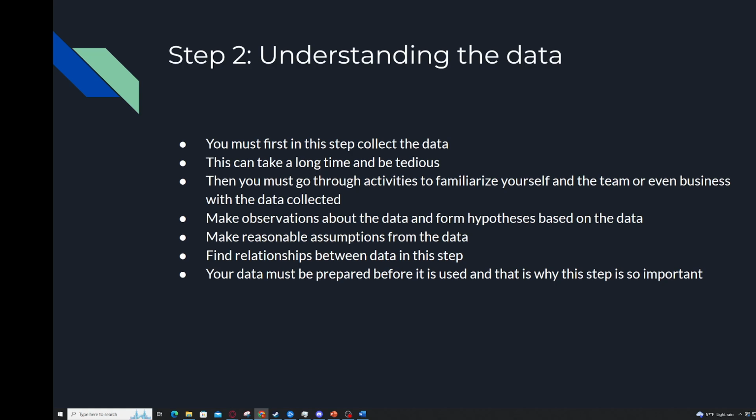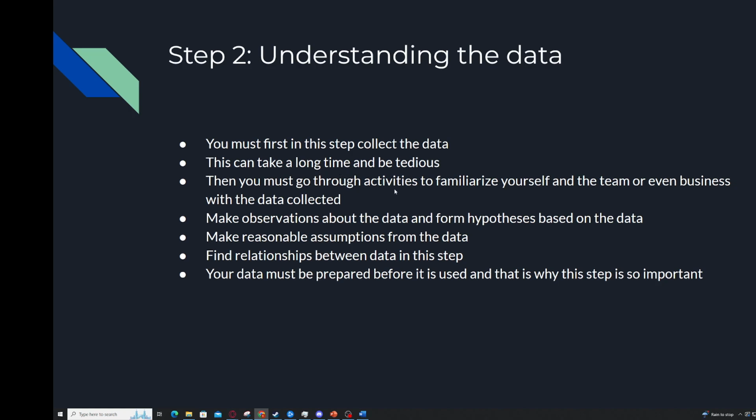Make observations about the data and form hypotheses based on the data. Make reasonable assumptions from the data. Find relationships within the data. Your data must be prepared before it is used. That's why this step is so important. If you do not prepare your data before you use it, you're just going to have a bunch of mumbo jumbo, which is not usable for anything.